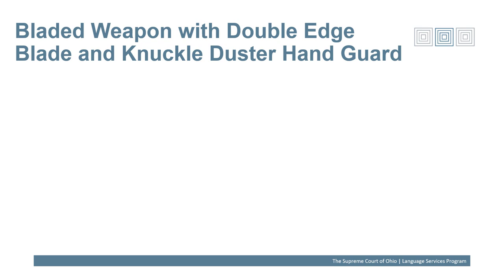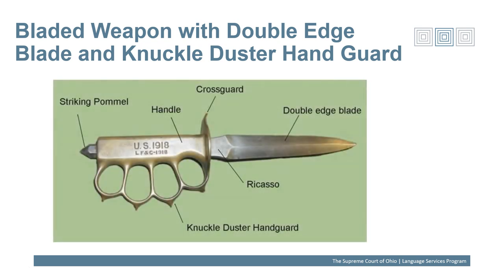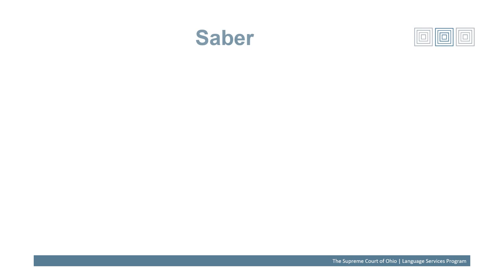This is a bladed weapon with double-edged blade and knuckle duster handguard. The terms to remember are striking pommel, handle, crossguard, double-edged blade, ricasso, knuckle duster handguard. Here's a saber.